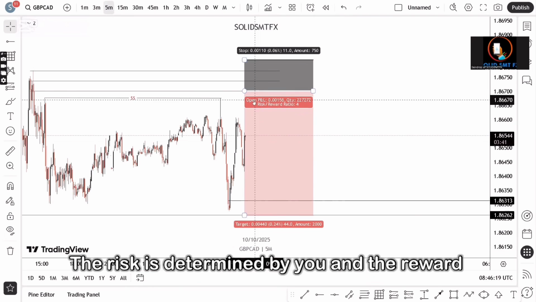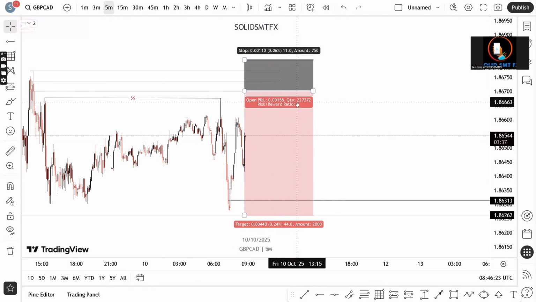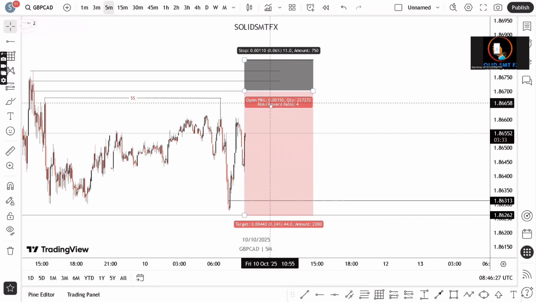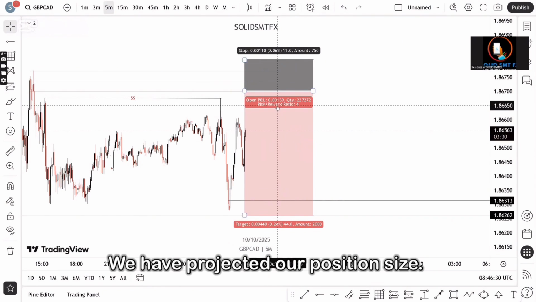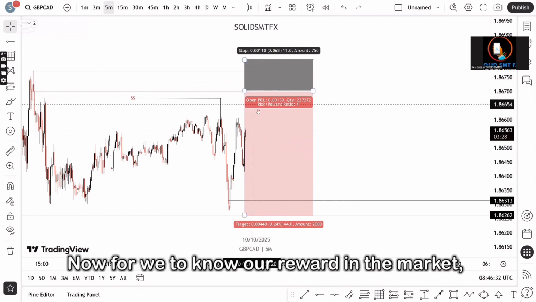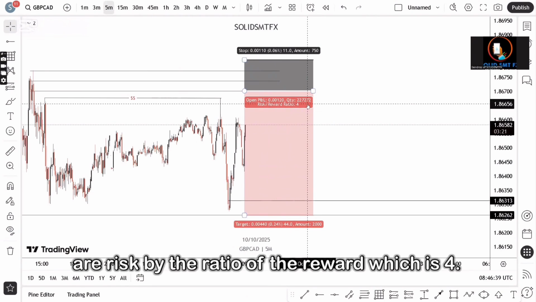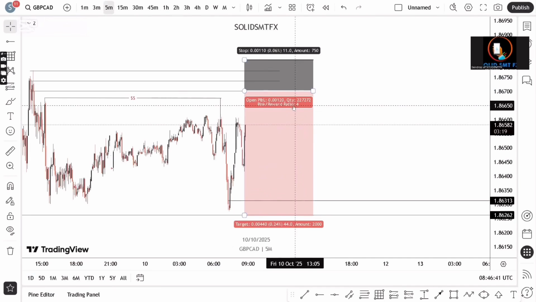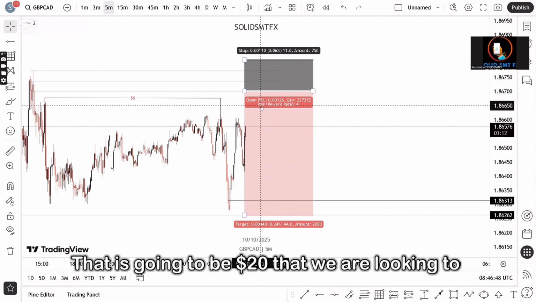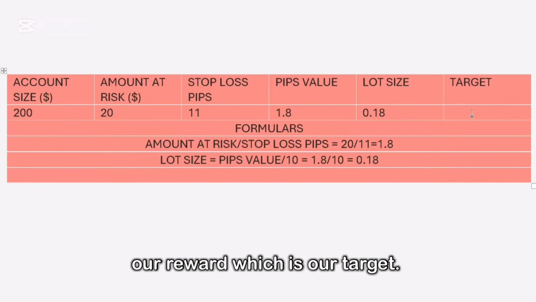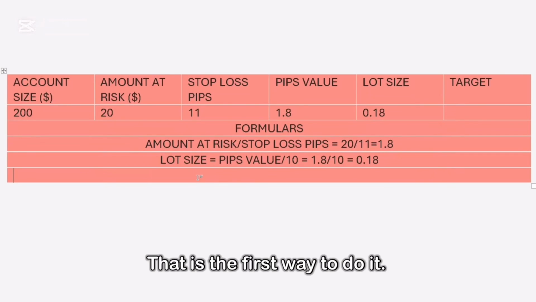The risk is determined by you, and the reward is only seen after you project your position size. We have projected our position size. Now, for us to know our reward in the market, the next thing to do is to multiply our risk by the ratio of the reward, which is 4. That is going to be 20 that we are looking to risk multiplied by 4 to determine our reward, which is our target. That is the first way to do it.